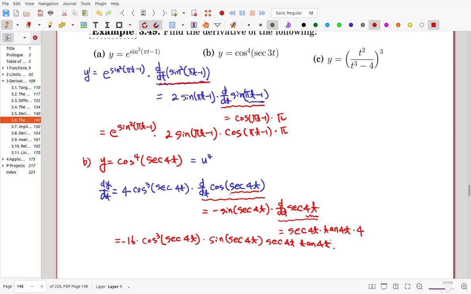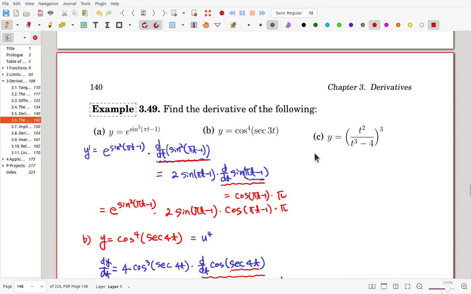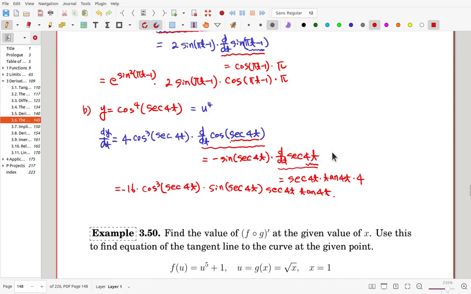Wow, it's a little bit complicated. However, this is the chain rule. By using multiple times of chain rule, you can get the derivative. Okay, this one is simpler, so that you can do it yourself. Try.